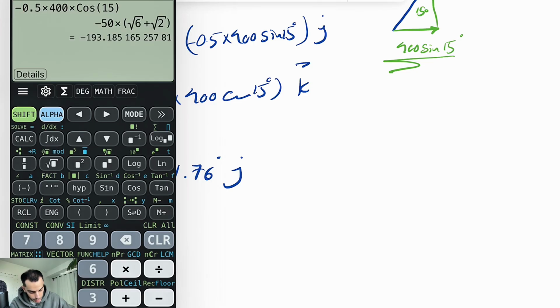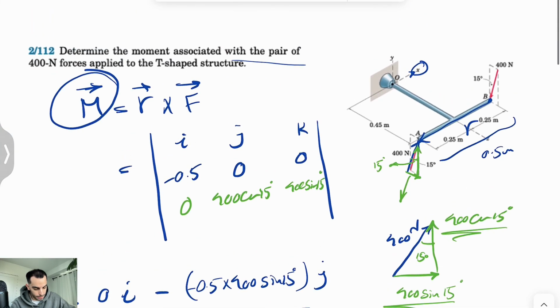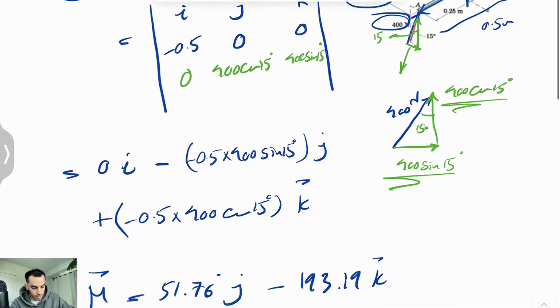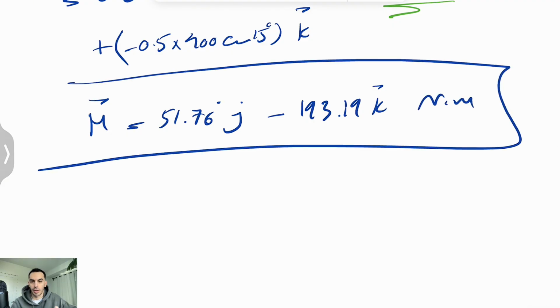So that's going to be negative 193.19 k. The force is in newtons and all the dimensions are in meters, so the unit is going to be Newton meter. And that's the final answer for this question.